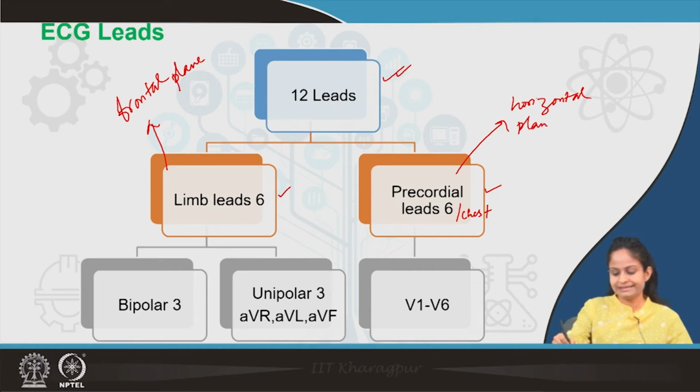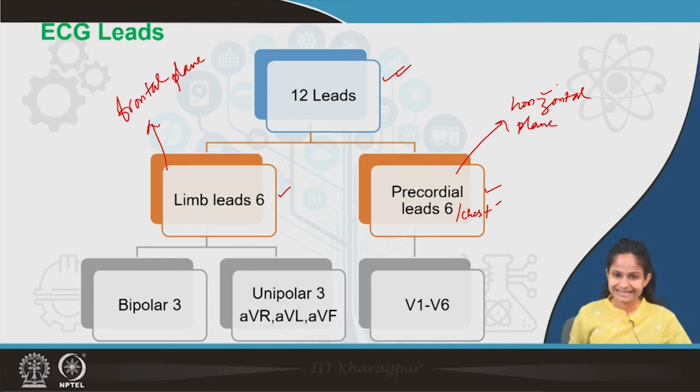These leads are pairs of electrodes which act like a camera. So, we have 12 cameras situated superiorly, anteriorly, laterally, inferiorly, trying to capture various electrical activity of the heart from various directions. We have 6 limb leads which capture the electrical activity from the frontal plane, and 6 chest leads or precordial leads which capture the electrical activity based on the horizontal plane.